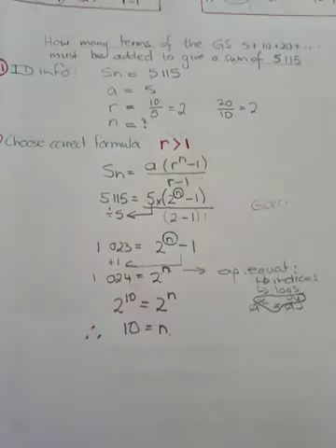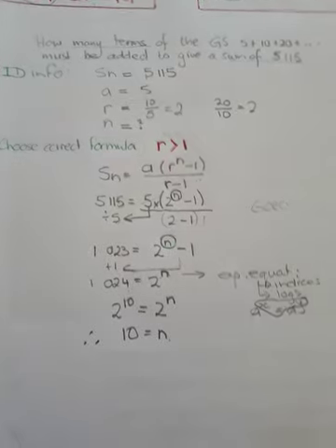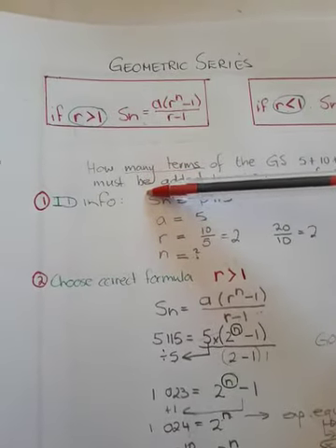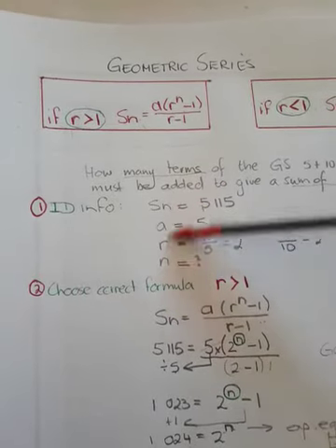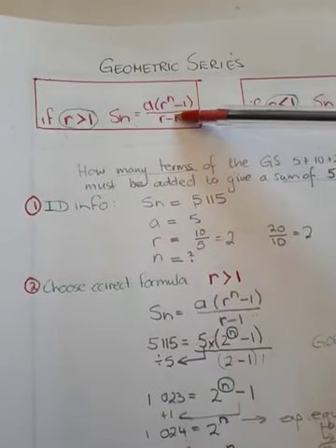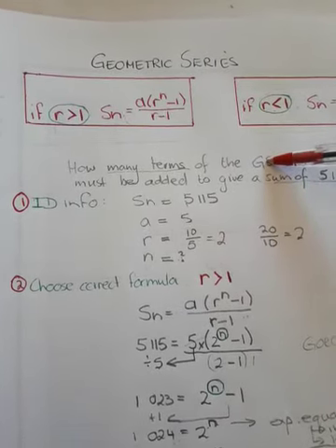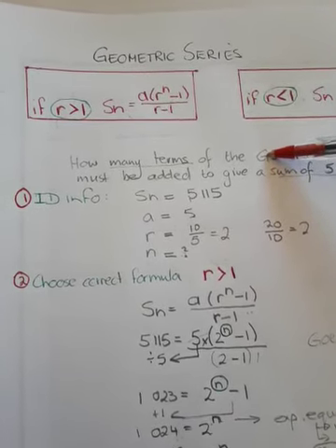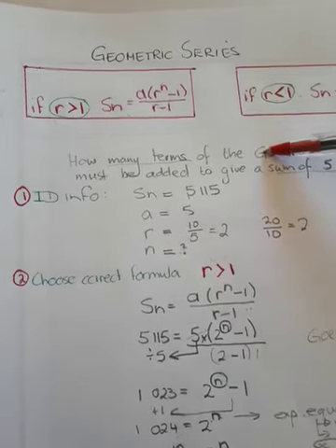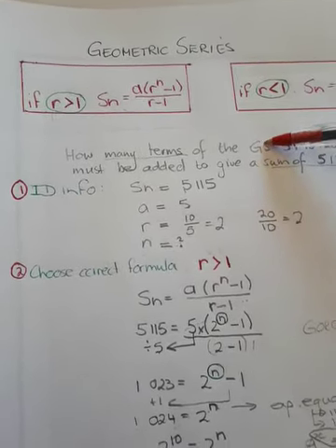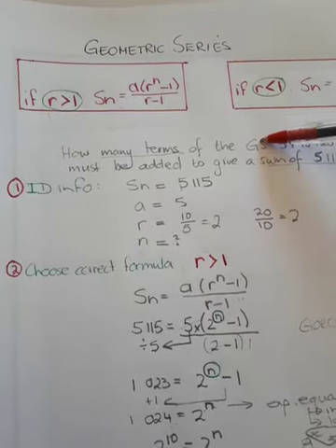All right, so once again, let's go through the steps. Firstly, you identify your information. People, these symbols you must write down from equations. Now, if they don't tell you that it is a geometric series, then it might be an arithmetic series. Then you must also write down your equations and your variables for the arithmetic sequence, okay?